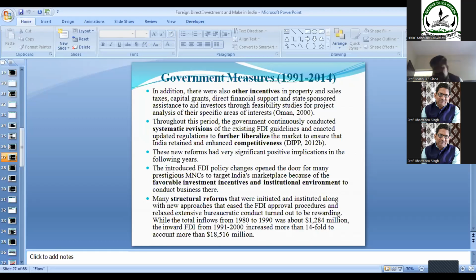Throughout this period, the government continuously conducted systematic revision of the existing FDI policy and updated regulations to further liberalize as per changes in the global market, so that India retains its competitive position in attracting foreign direct investment. These new reforms had a very significant positive impact in the coming years.